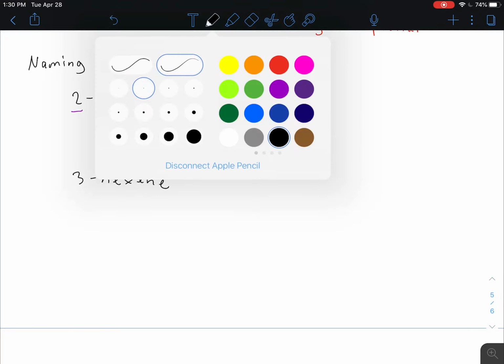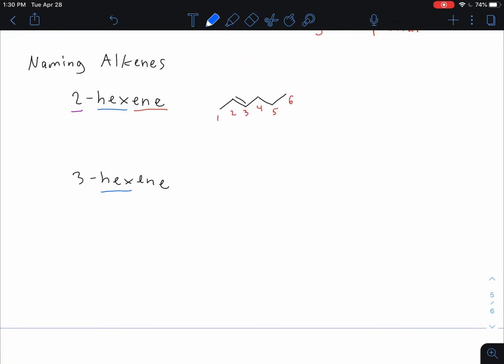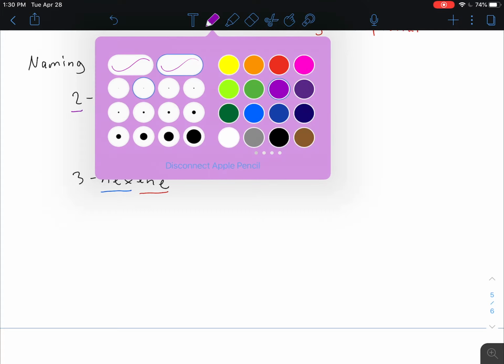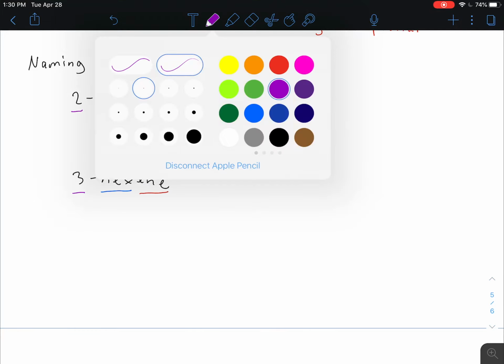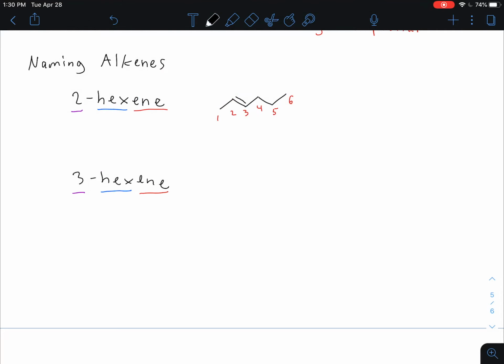Well, what if I said that I had 3-hexene instead? So 3-hexene, again, the hex is telling me that it's a 6 carbon chain. ENE is telling me that there's a double bond. And then the last piece of information is where it's located. 3-hexene means it's between carbons 3 and 4.